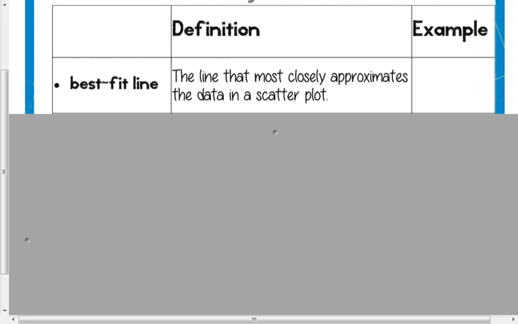Okay, so just like we discussed yesterday, we have these coordinate planes and then we have these dots. A best fit line is a line that goes right through those dots. You should end up with about half of them above and half of them below.